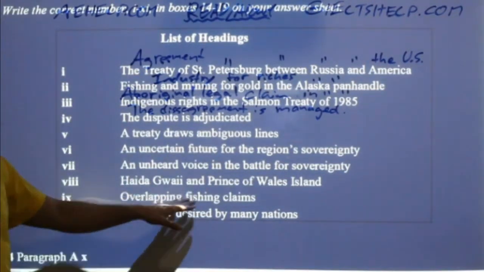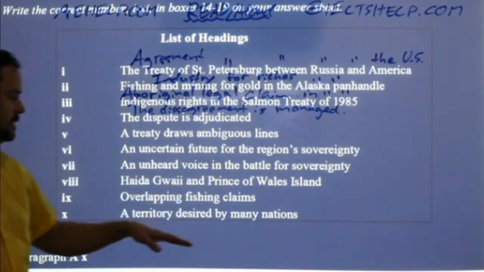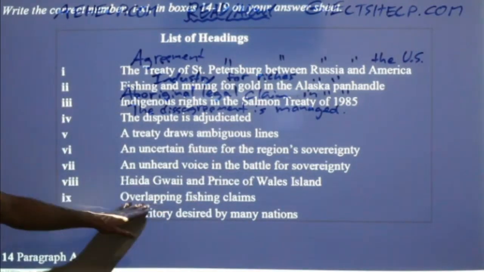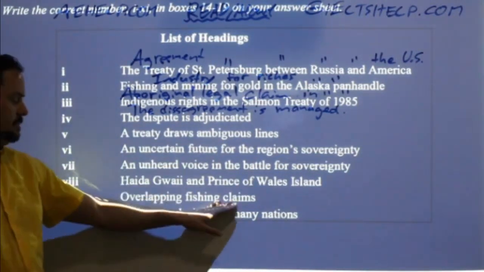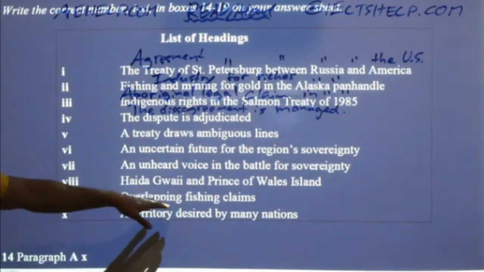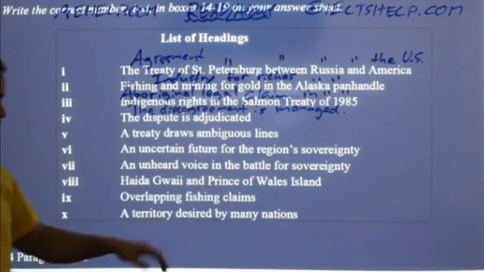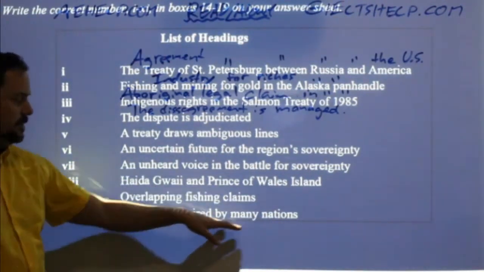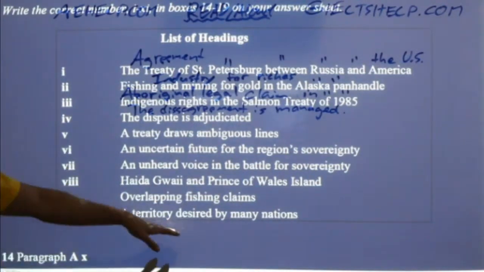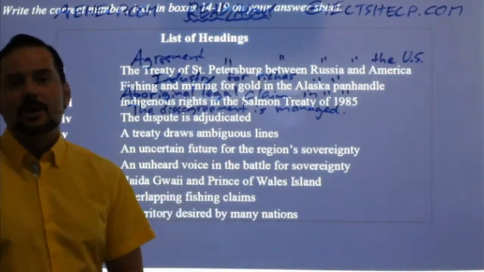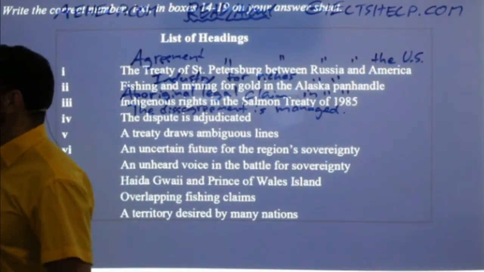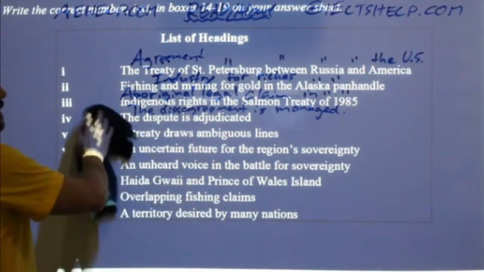Haida Gwaii and Prince of Wales Island, those are clear. Overlapping fishing claims: conflicting fishing rights. A territory desired by many nations: an area wanted by many people, or many countries. That's how I would do it in my mind.